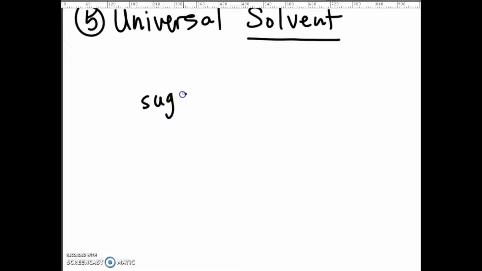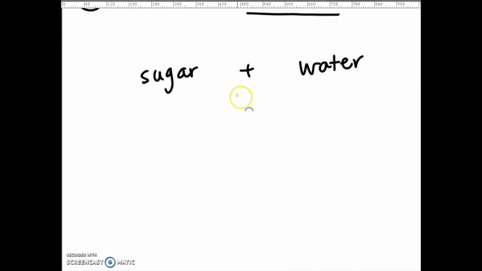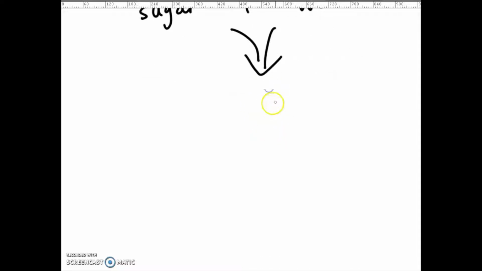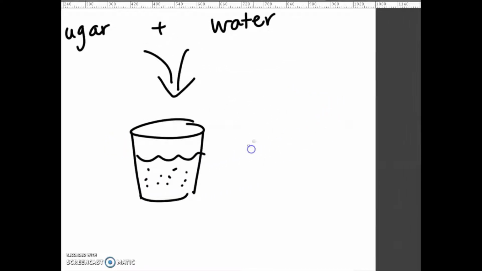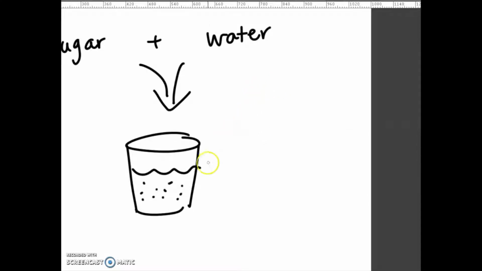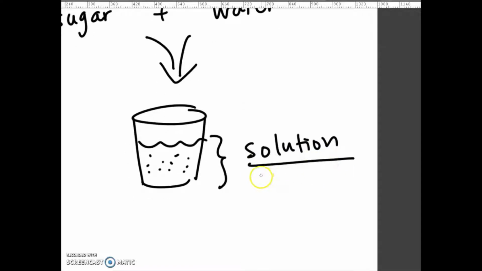So let's say if we took sugar and we mix it with water, right? When they come together, you're going to get a cup of sugar water, where the dots are sugar and the water, of course, is the line. So this mixture right here is called a solution. When you have two things mixed together, that is called a solution.